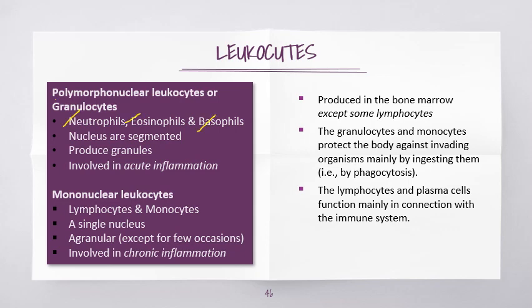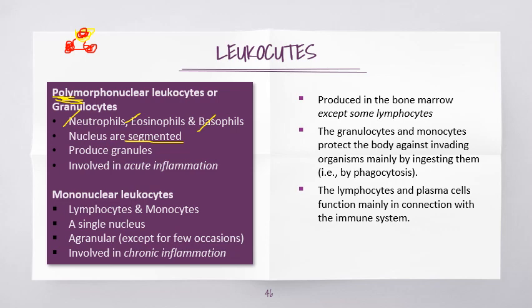It is called poly because they appear to have many nuclei. But in reality, they are called poly because their nucleus is segmented. You would think it has plenty of nuclei, but actually it's just one nucleus, segmented. I'll show them later.